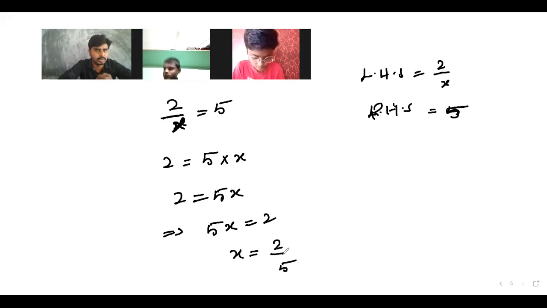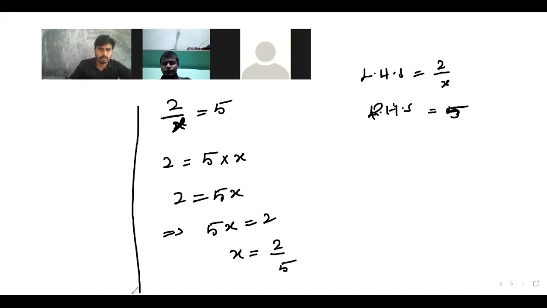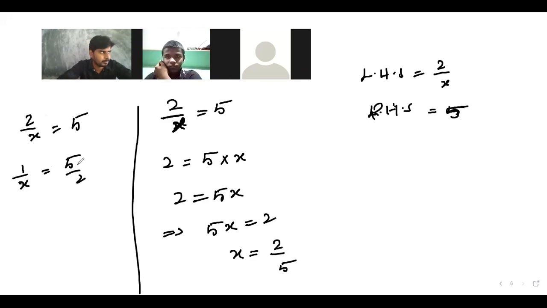Remove the mask, please, once. Why didn't we transpose the 2 in the starting, sir? Why did we transpose x? See, you're asking why we need to transpose this x. We can transpose this 2 also. 1 by x is equals to 5 by 2 it becomes. Then what is the x value?